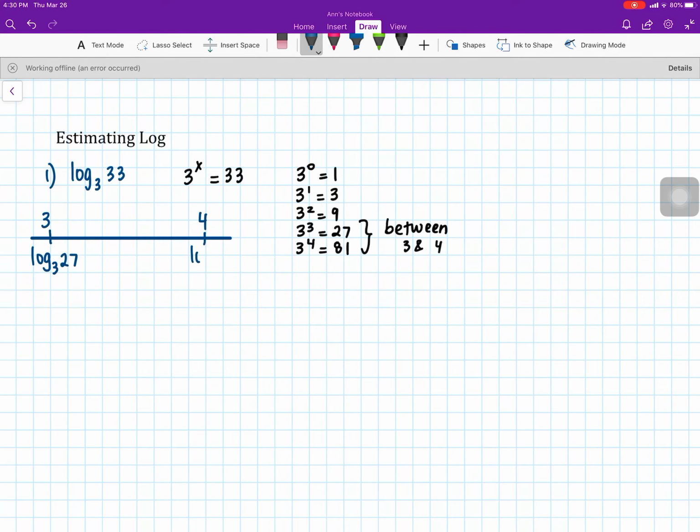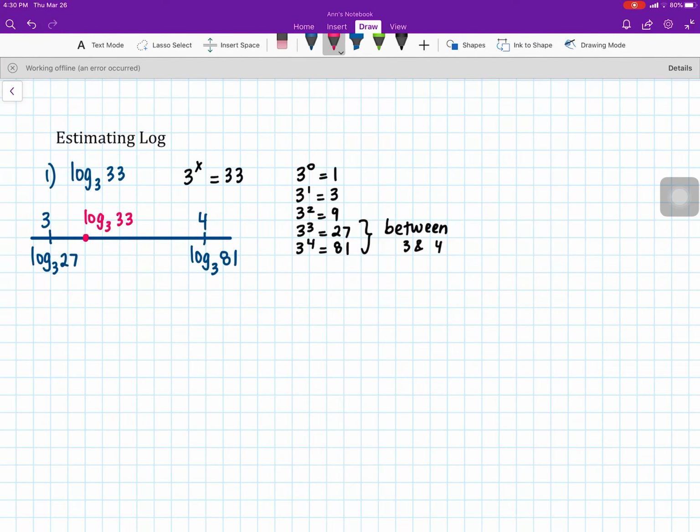And 4, in terms of log, is log base 3 of 81 because 3 to the 4 gives you 81. So where does log base 3 of 33 belong? Well, it's pretty close to 27, so I'll just estimate that it's around here, log base 3 of 33.